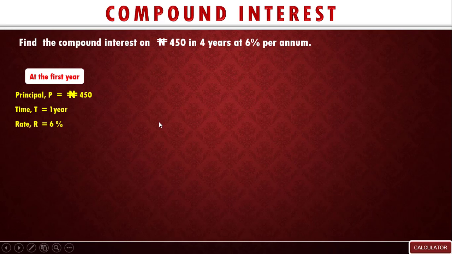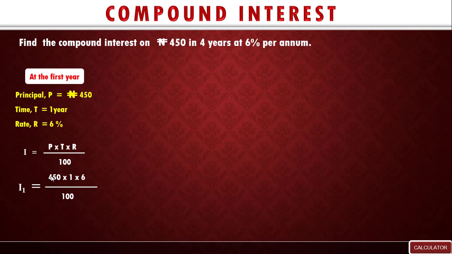The next thing to do now is to apply the formula for simple interest, and that is I equals P times T times R over 100. So let's fix in these values into this formula, and then we have I equals 450 times 1 times 6 all over 100.